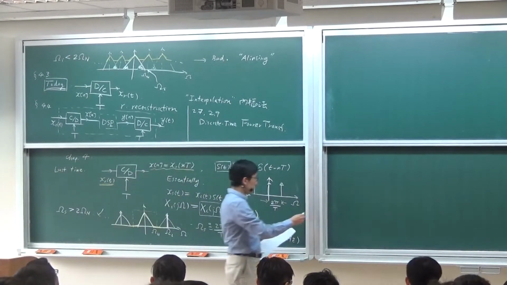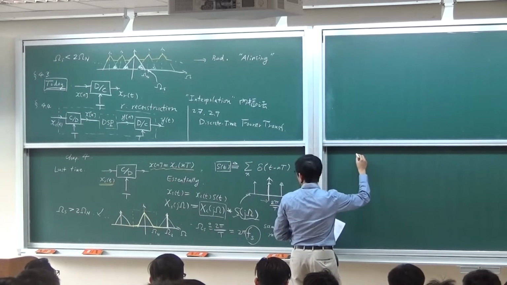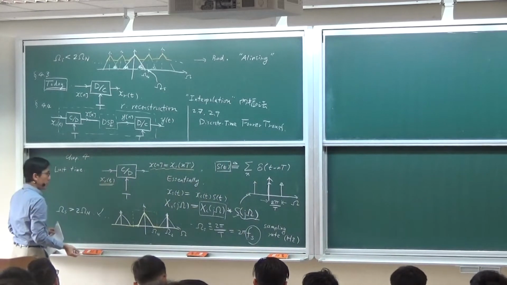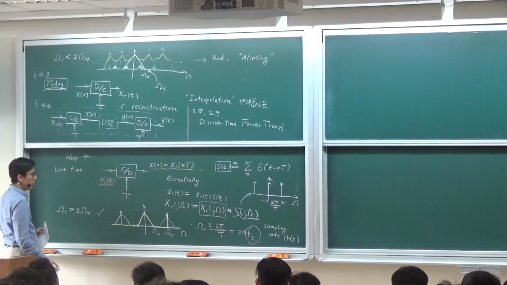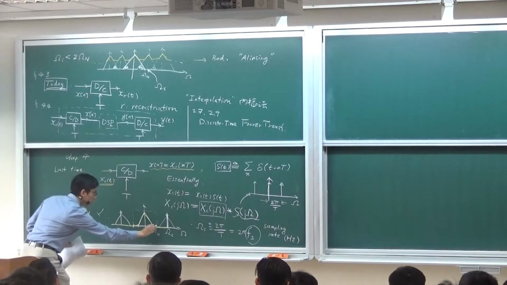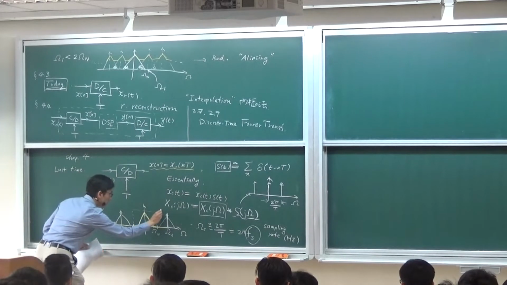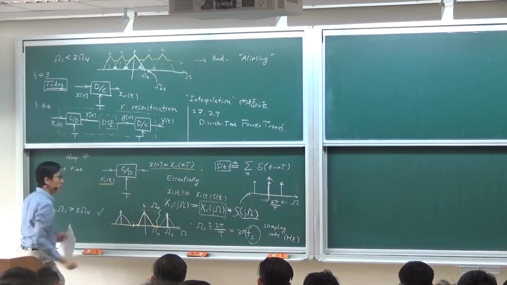So the idea is that we are going to apply a low-pass filter, and this low-pass filter has a cutoff frequency. Let's assume that the cutoff frequency is denoted by omega sub c. C stands for cutoff.